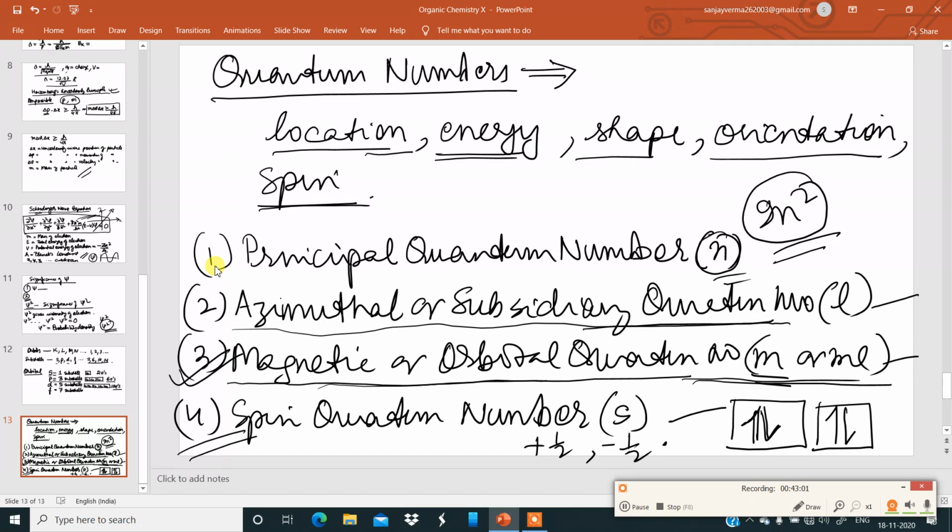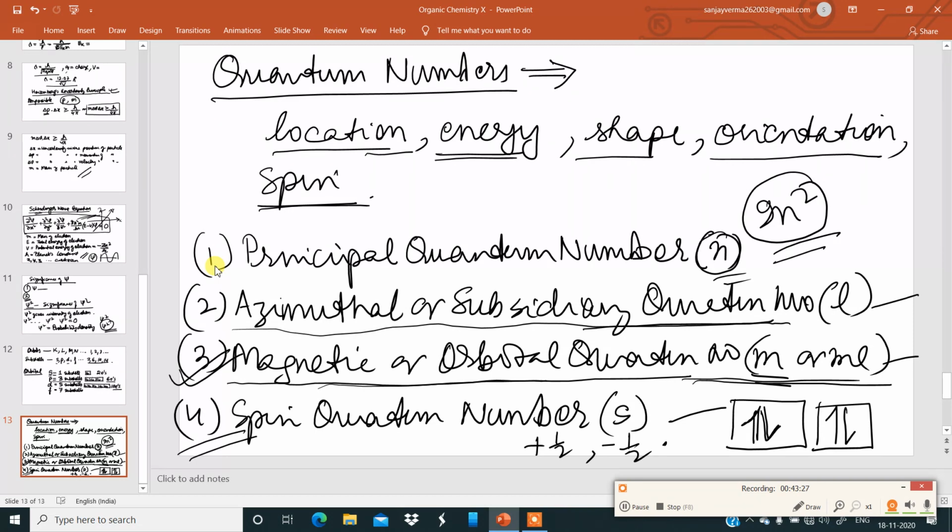Okay, my dear students, I would like to end my class here for today. In my next video class on this chapter, structure of atom, I will do the principal quantum number in detail, the permissible values of l and subshells, all those notations using n, l, m, s, and various combinations for various orbitals.